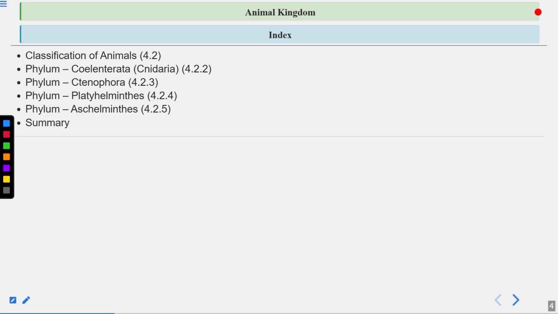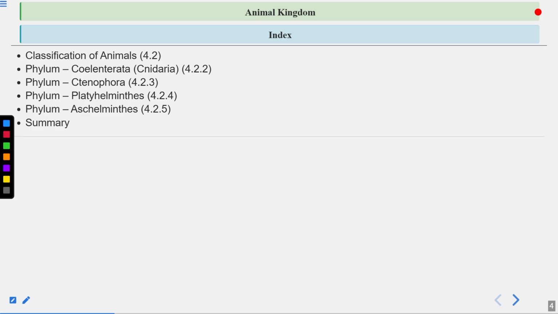Before going to the first phylum, Coelentrata, I'll give a very quick recap of the first phylum, that is the Porifera. Porifera are also called sponges. They have a cellular grade of organization because the cells are loosely arranged, right?